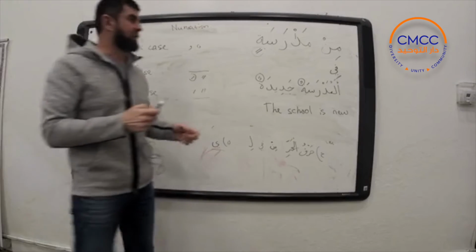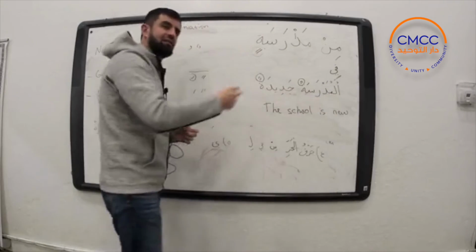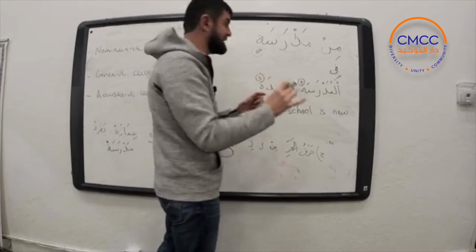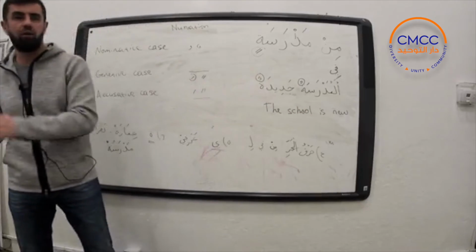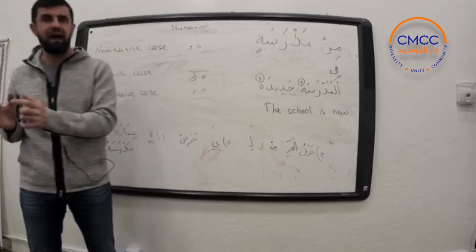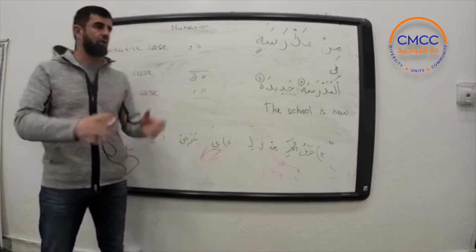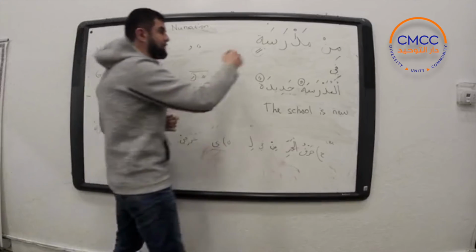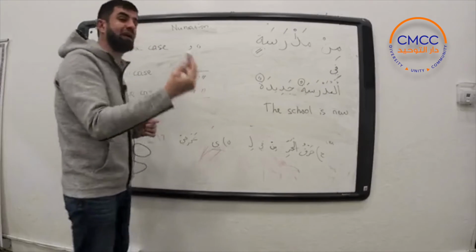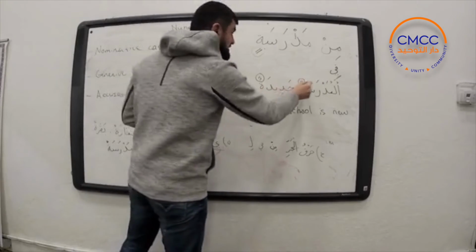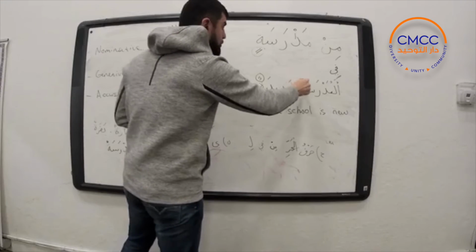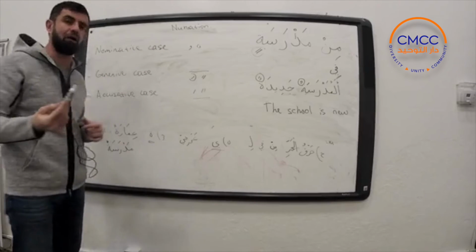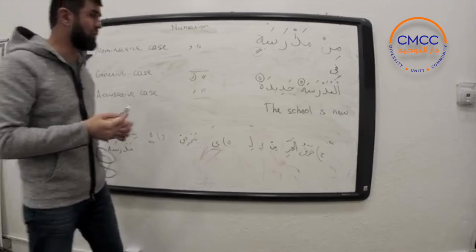In a simple sentence with subject and predicate, if there are no prepositions, for example, the house is big, or the school is new, or the man is tall, both have to comply to each other and are going to be in nominative case, with tanween or dhamma.